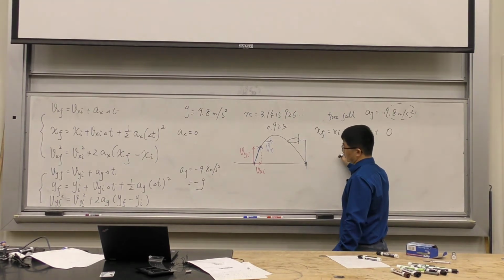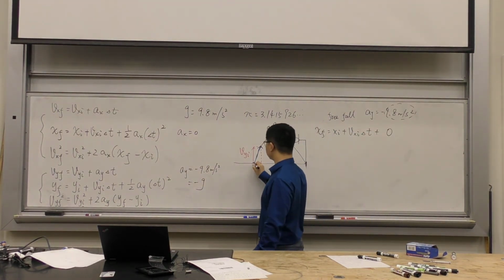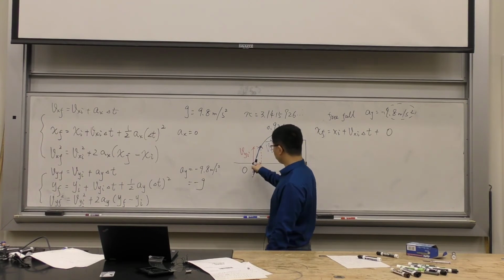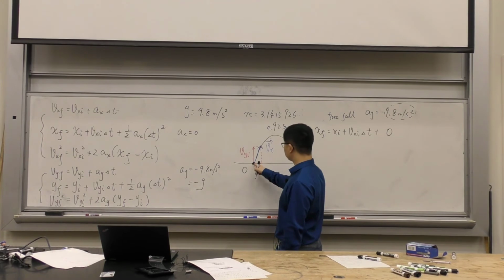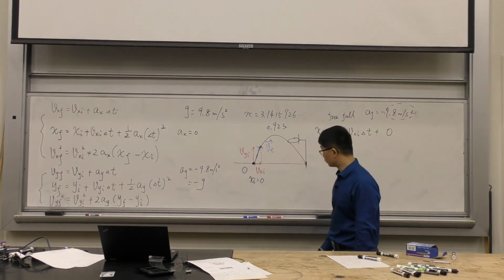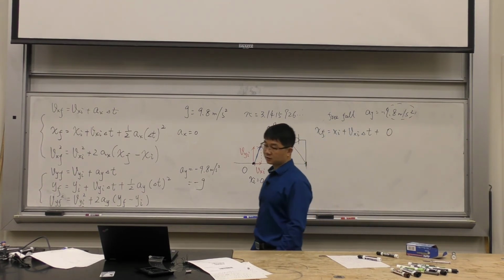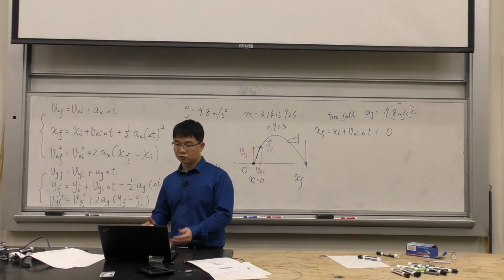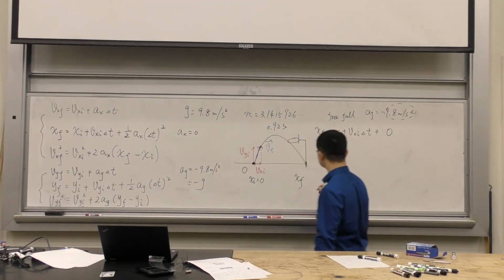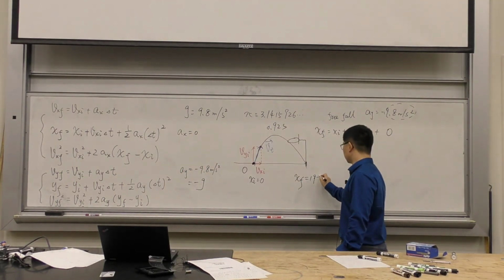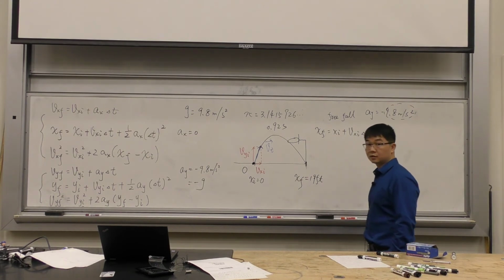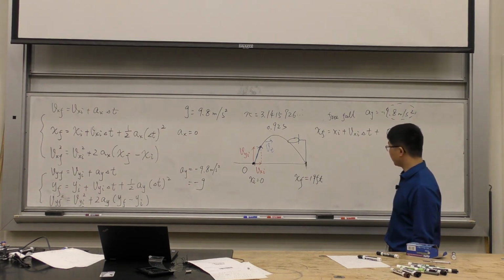For xf and xi, I can set up my coordinate system with the origin here, at the free throw line, so x equals 0, y equals 0. If x is 0 there, then xi is going to be 0 for Michael Jordan in this motion. What is xf? The problem says the distance from the free throw line to the baseline is 19 feet, so that's the xf I plug in.